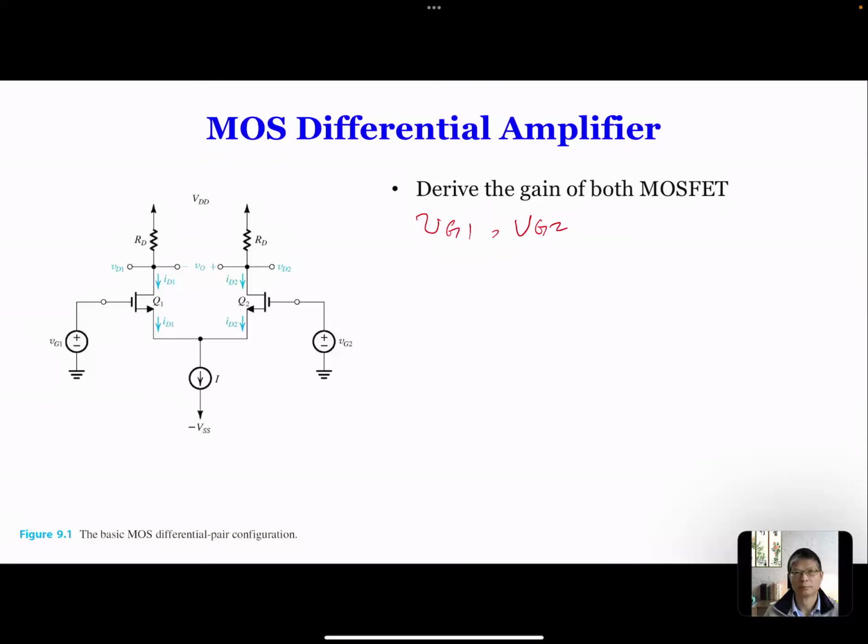At the source, there is a current source that's connected to the source of each MOSFET. And then at the drain, there's a resistance RD connected to the voltage source.